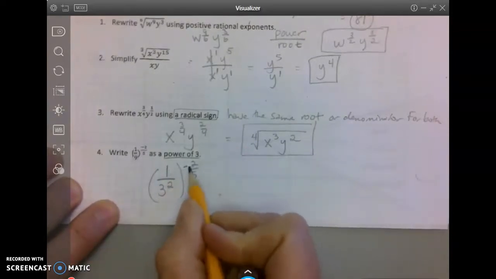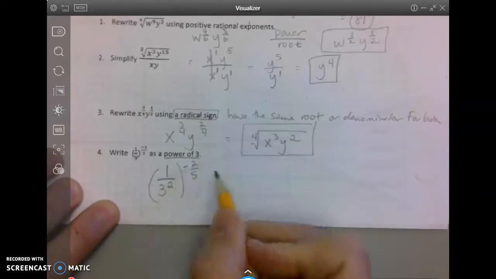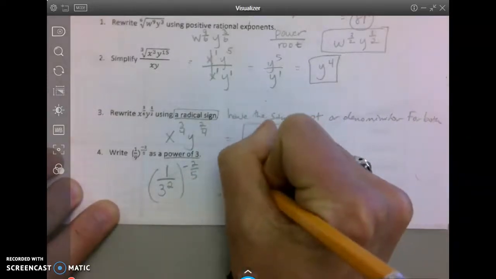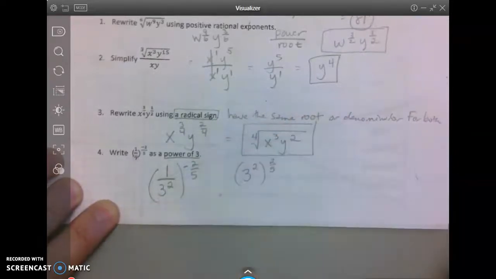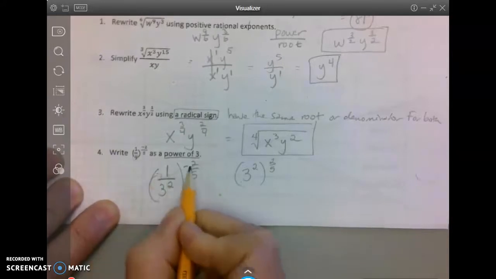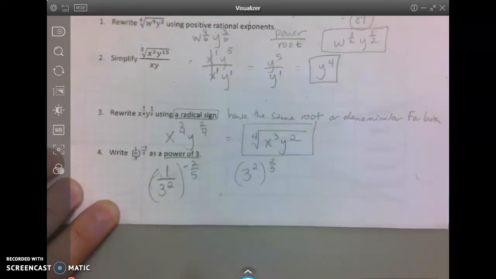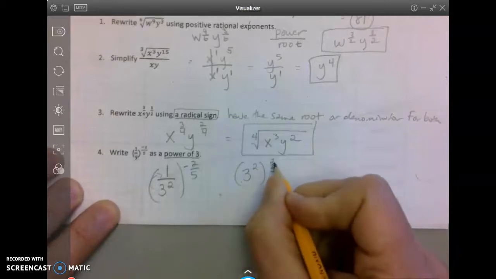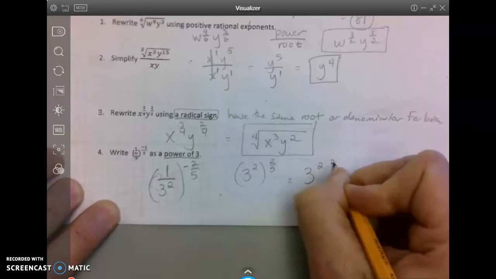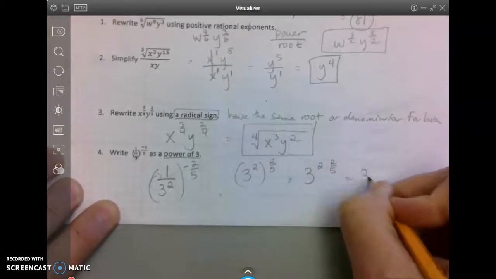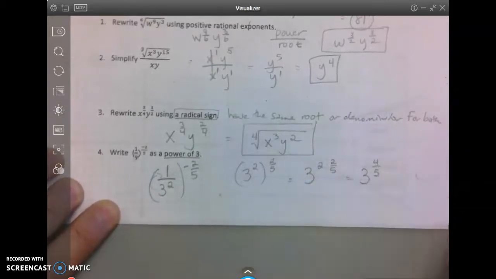So remember to change to a negative, cross the line, change the sign. So that becomes 3 squared to the 2/5. Because I brought this up to here so that I could change that exponent sign. And then power to a power, we multiply. 3 to the 2 times 2/5 is 3 to the 4/5 power.